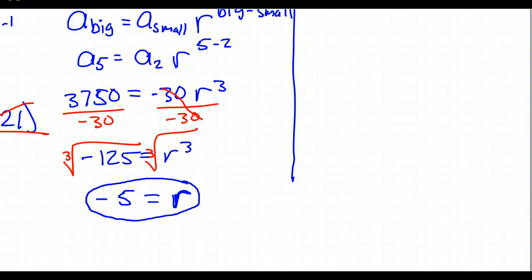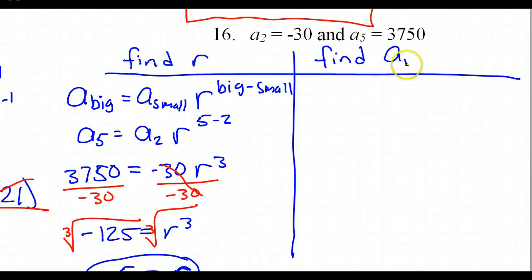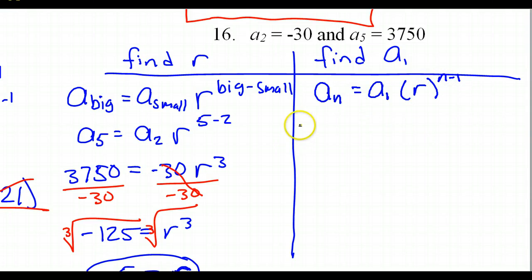I'm halfway there. Now I need to find a1. To find a1, I always do this: an is equal to a1 times r to the n minus 1 power. This is the point where I have to just choose one of these, either one I want. I'm going to go ahead and stick with the smaller, the a2.